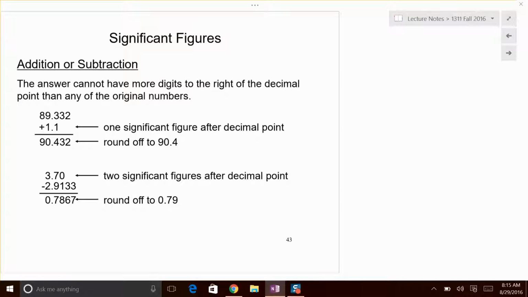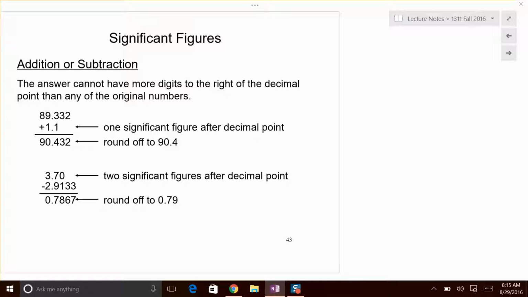Then we cut off the answer to the decimal place of the number with the least number of decimal places. So 1 significant figure after the decimal place here, so that's where we cut it off. This has 3, and this has 1, so I'm going to go to that 1.